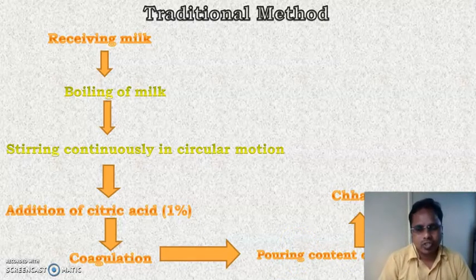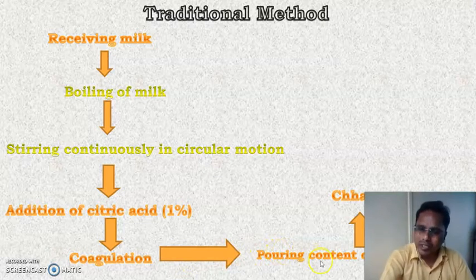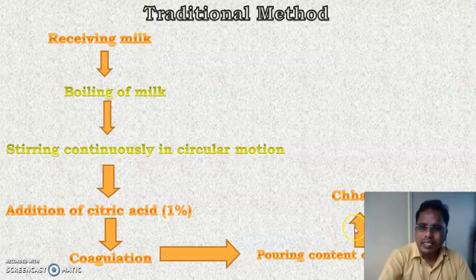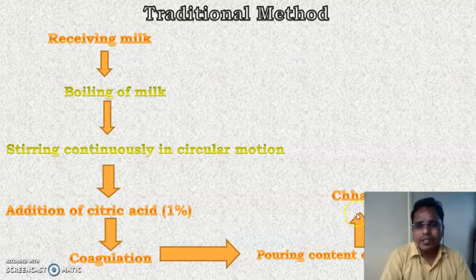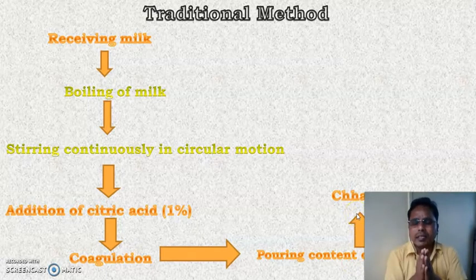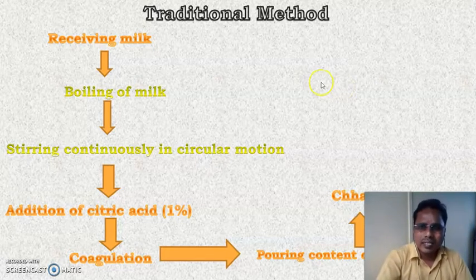All the coagulated part is poured over the muslin cloth and allowed to strain. The maximum whey is drained out through this muslin cloth, and whatever portion remains in the cloth is called the channa. So this is the traditional method.